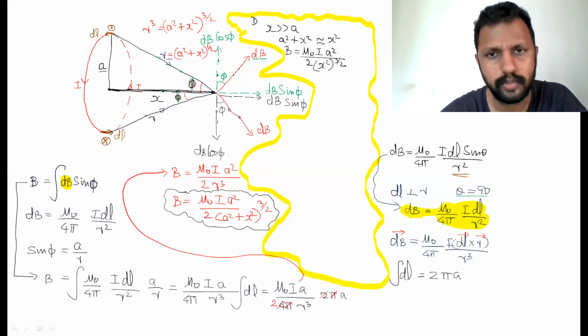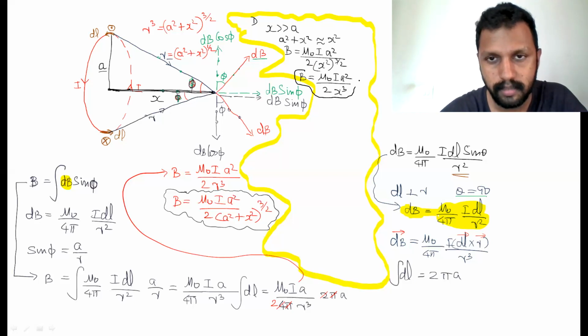What is x square raised to 3 by 2? 2 and 2 will get cancelled. Therefore, it is x cube. Therefore, ultimately, B is equal to mu 0 IA square divided by 2x cube. This is the formula that we have to take if the point is at a very large distance.